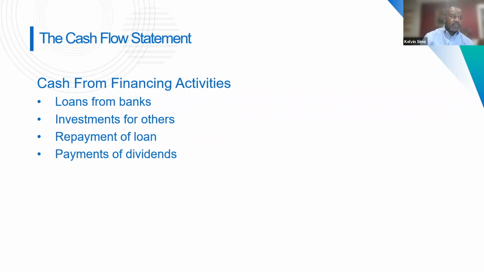And then from the financial activities: loans from banks, investments from others, giving out loans or investing in others' companies, repayment of a loan, and payment of dividends. Payment of dividends is getting money from some bonds or stocks that you may have, and those payments come through what they call dividends. Instead of the stock or bonds growing in value, they pay the dividends directly to you.